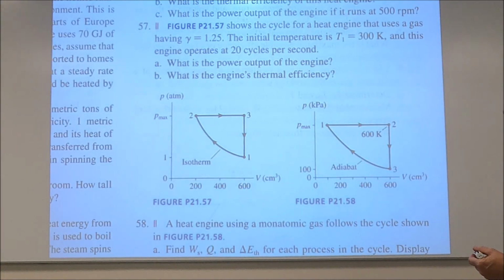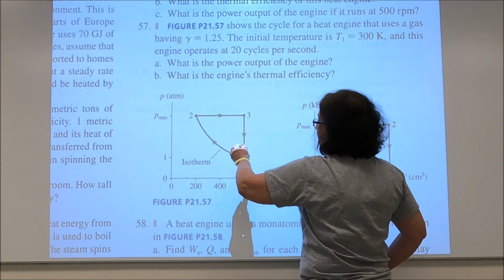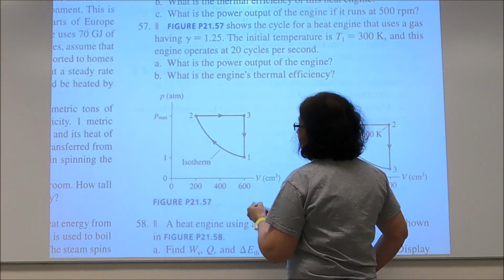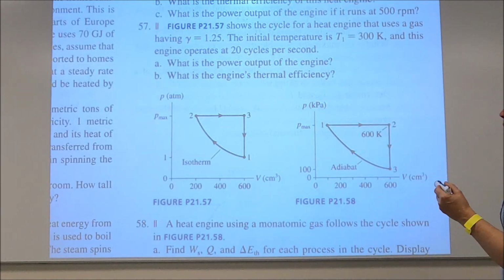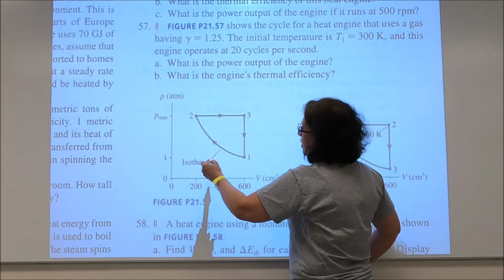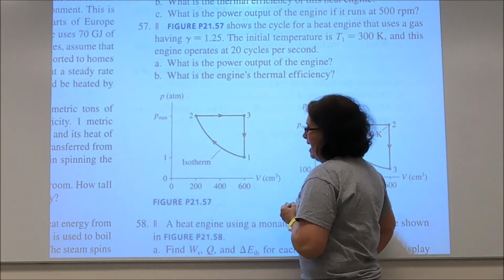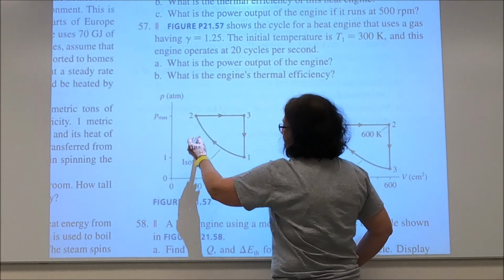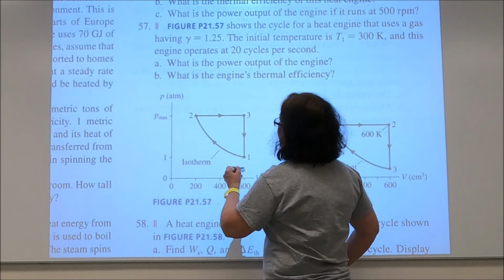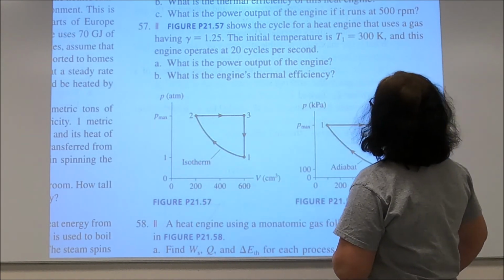Now, what I need to do is calculate the Q and the W_s for each one of those portions of the curve. And one thing I want you to notice is they don't tell us what P max is. We do know what V2 is, and we know what V1 is, and we know it's isothermal.